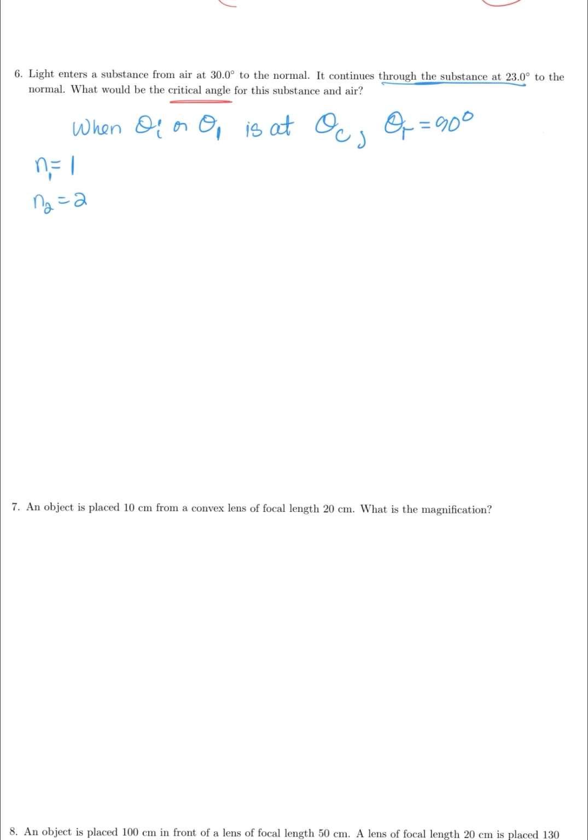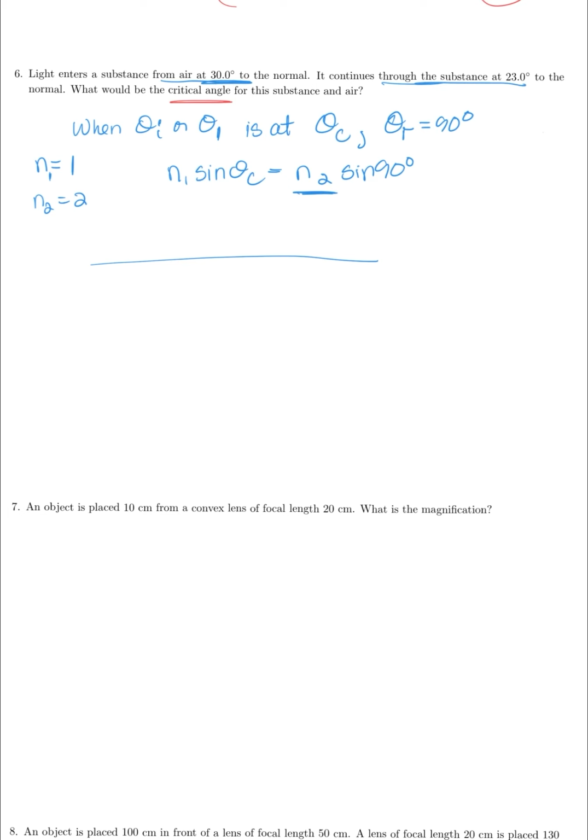So let's set this up, because when theta R is 90, let's use our formula that says N1 sine theta C equals N2 sine of 90. Okay, so let's not use this one yet. This is going to be one of our equations. We're not going to use it yet, though, because let's draw a picture.